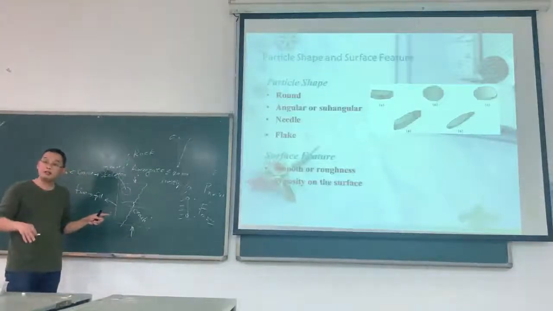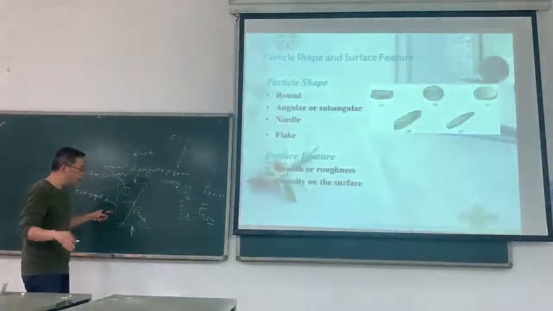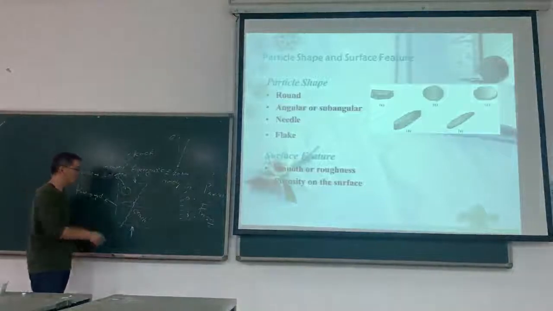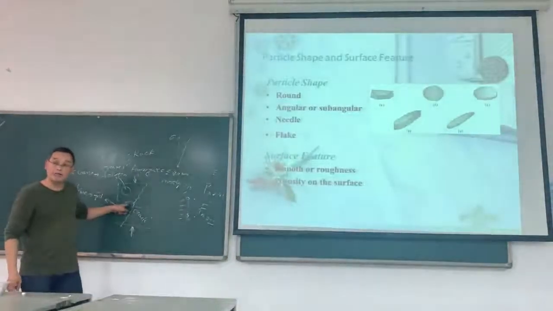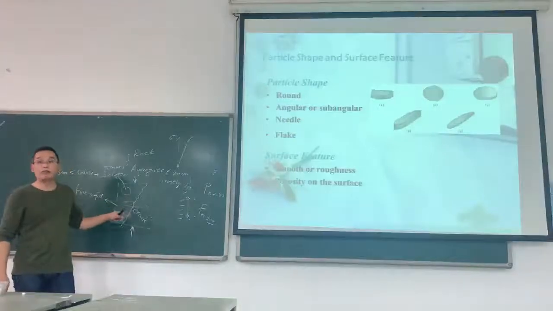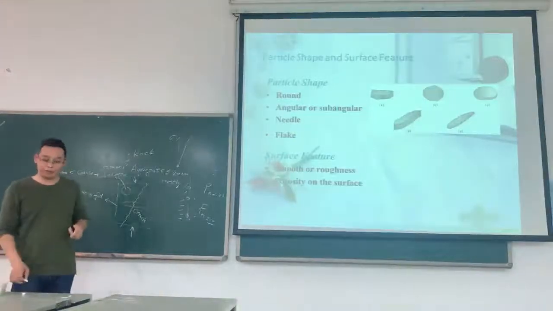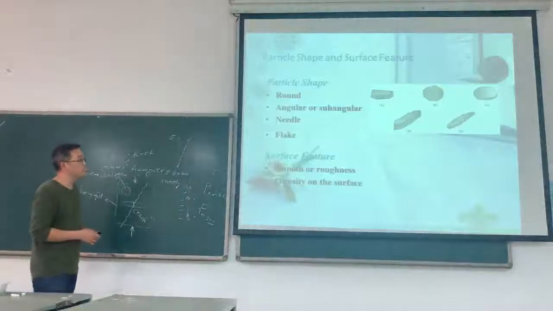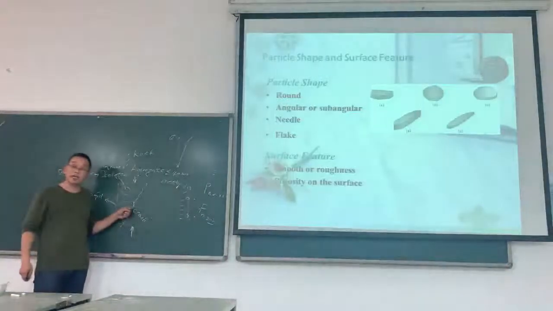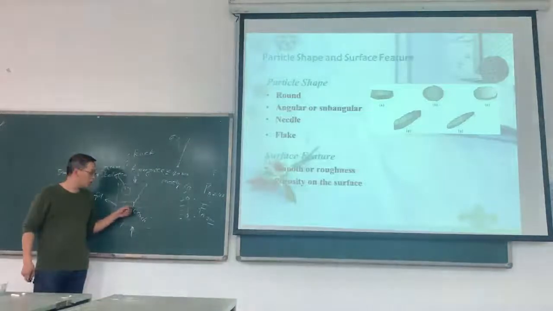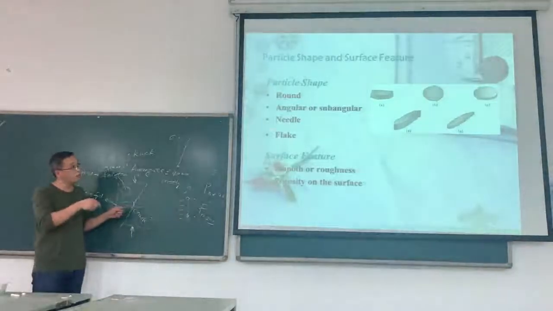It is very low. So the needle shape and the flake shape are harmful for the concrete. So we need to evaluate the dosage of this, to control it too.